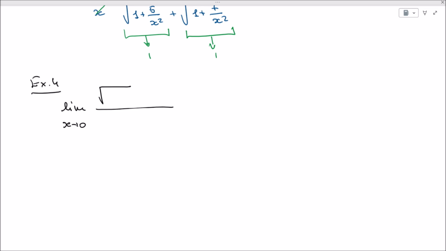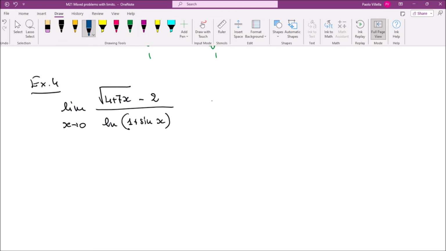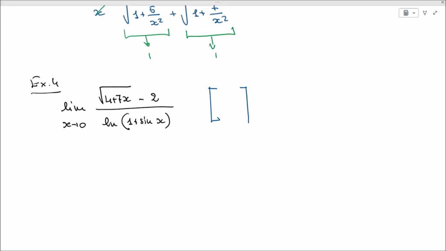We have the square root of 4 plus 7x minus 2, and then we have the logarithm of 1 plus sine of x. And once again we recognize that we have an undetermined form, because at the numerator we have 2 minus 2, so we have a 0. At the denominator, for x that goes to 0, we have another 0.